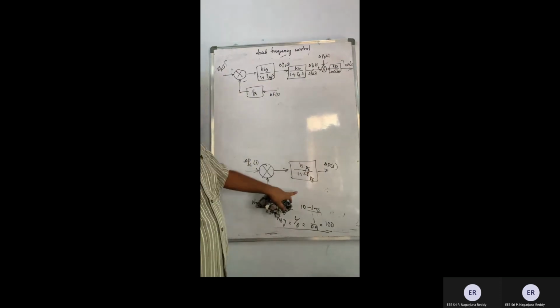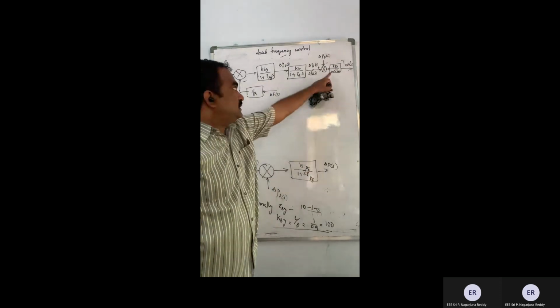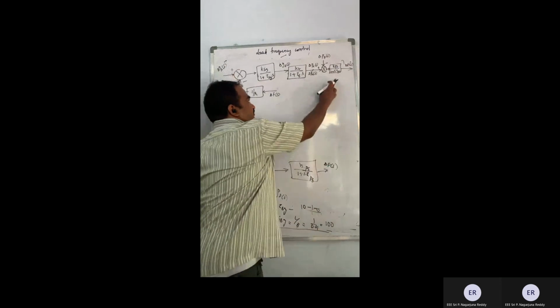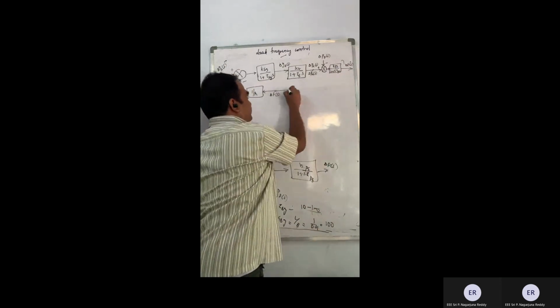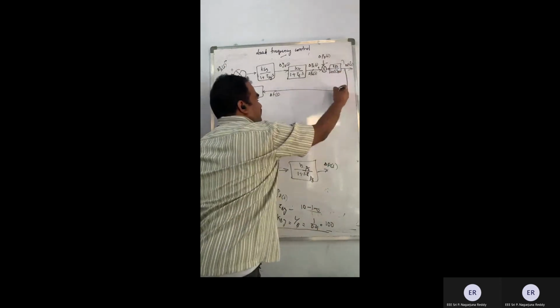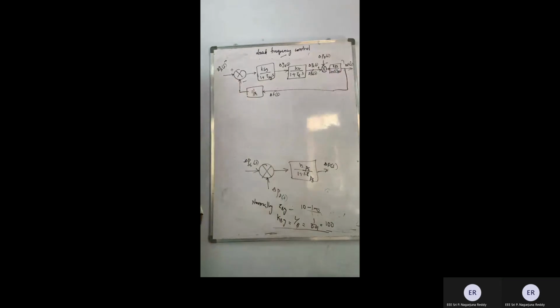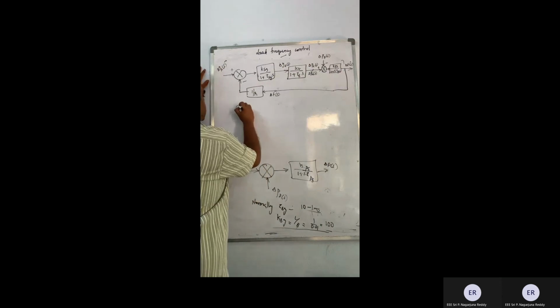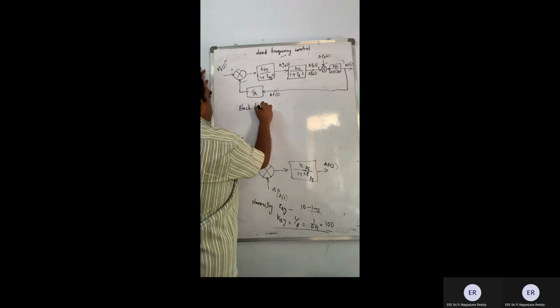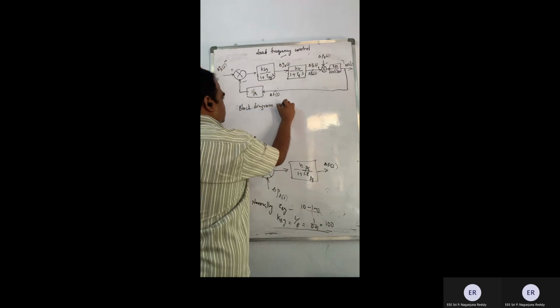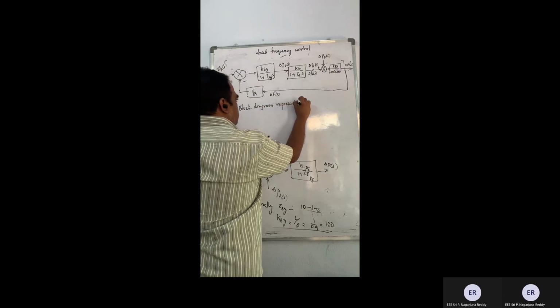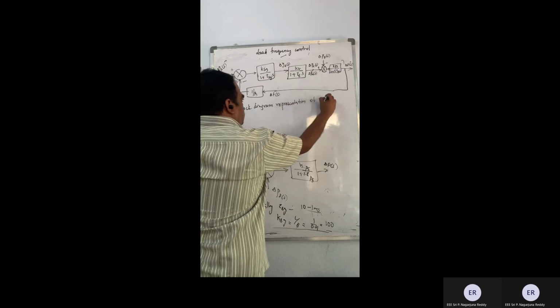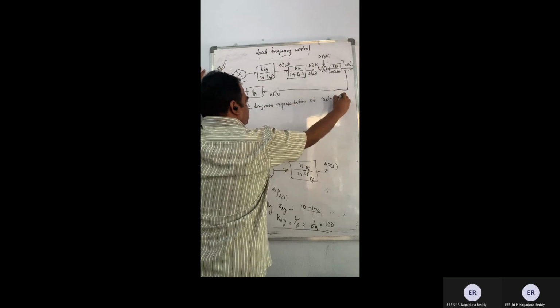This is for the power system, right? Generator load model. Now, if you carefully see, this is delta F of S, which is to be fed back. Okay. Now, if you carefully see, this is the block diagram representation of an isolated power system.